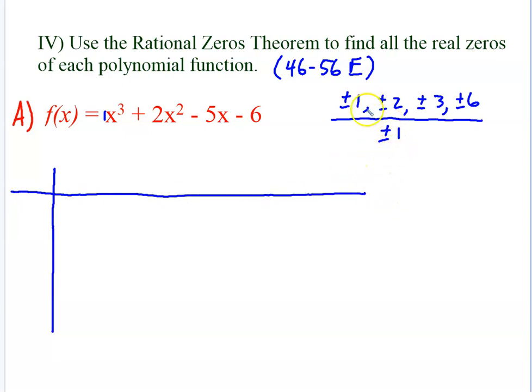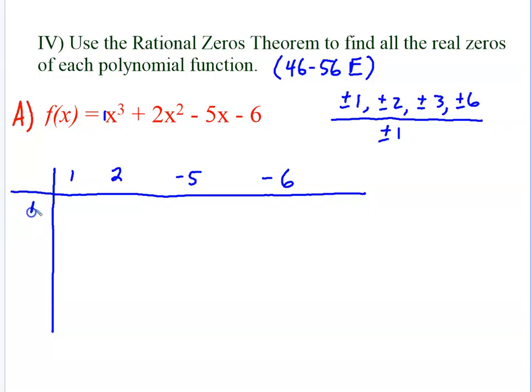So what I'm going to do is I'm going to start testing these numbers one at a time. Okay. One thing that you'll need to do across the top is, just like we did with synthetic division, you're going to list the coefficients and the constant. And this really is synthetic division, but it's in a table format, so it looks a little different, but the process is still synthetic division.